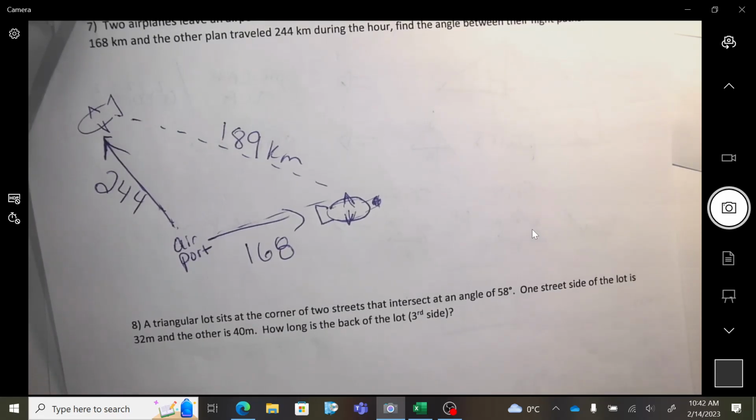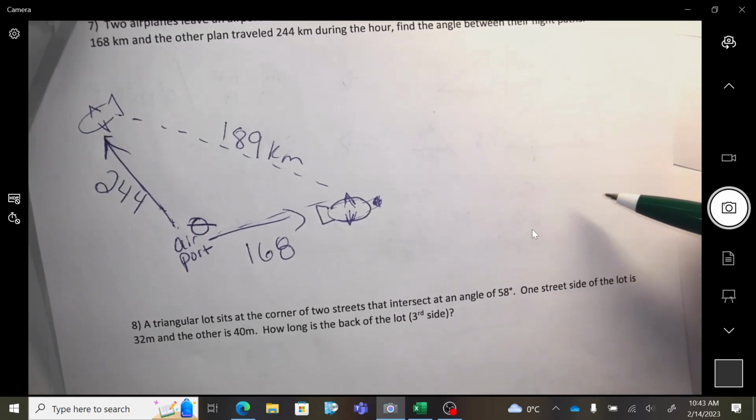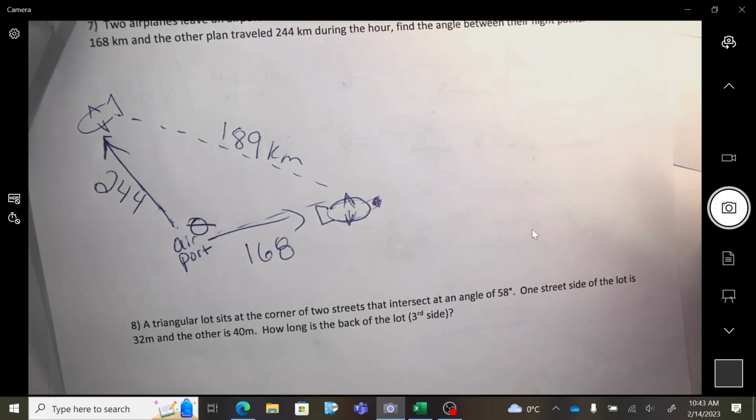Find the angle between their flight paths. I feel like on a test I could also switch this up by giving you their velocities. So if somebody is going a velocity of 50 kilometers an hour, after 2 hours they are 100. After 3 hours they are 150 or whatever.